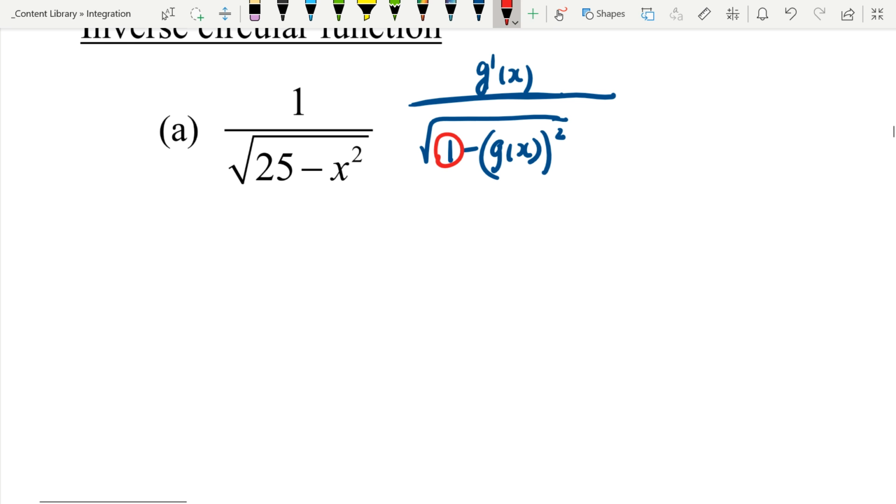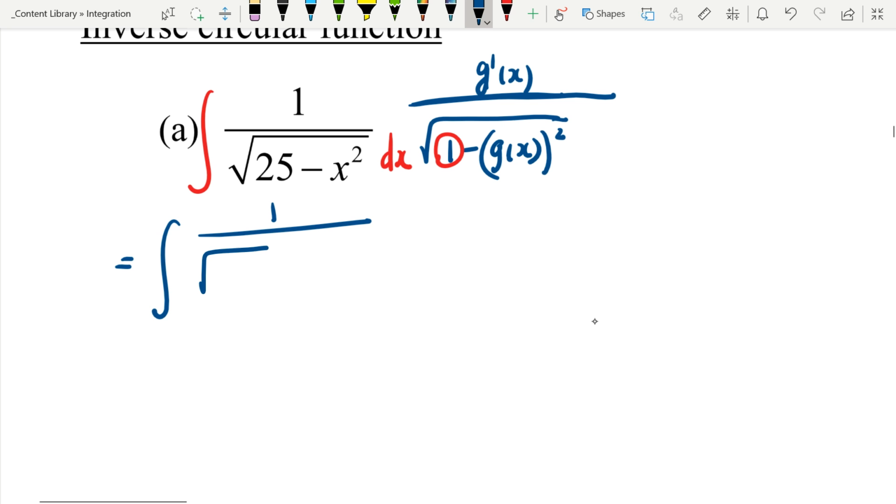So what I will do for this question is I want to antidiff that. So this is the same as antidiff 1 over... Okay, think about that. I'll just go step by step. If I want a 1, I need to take a common factor 25 out, and that's x squared over 25.